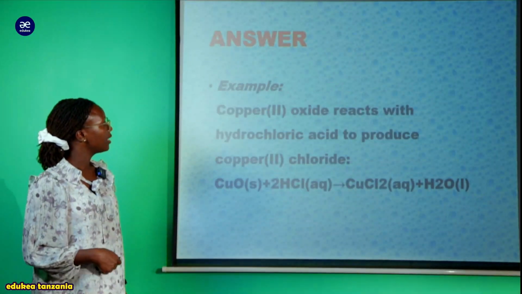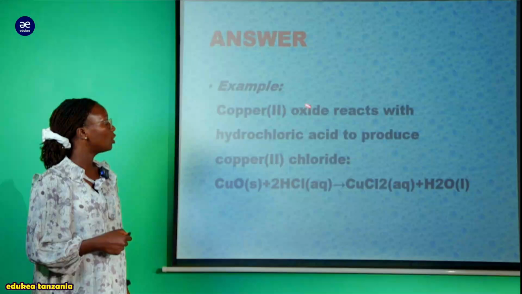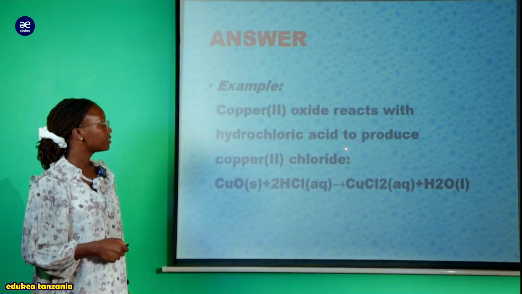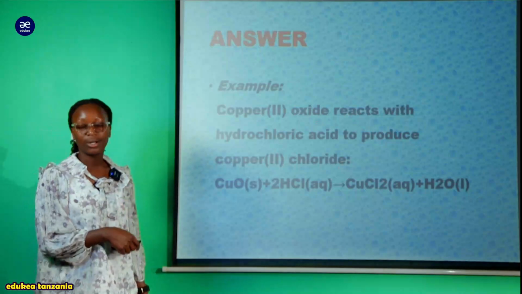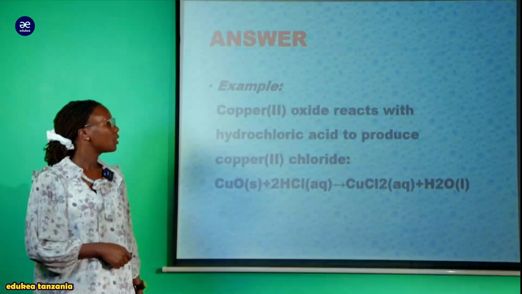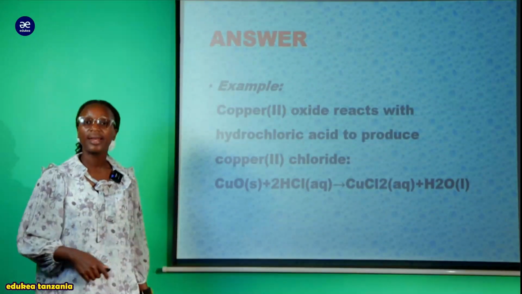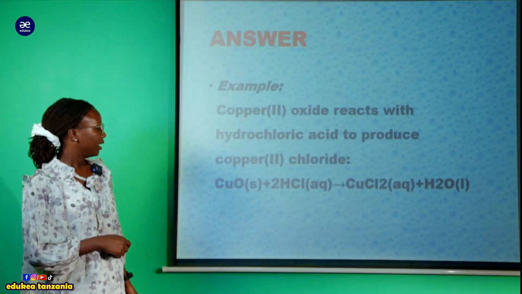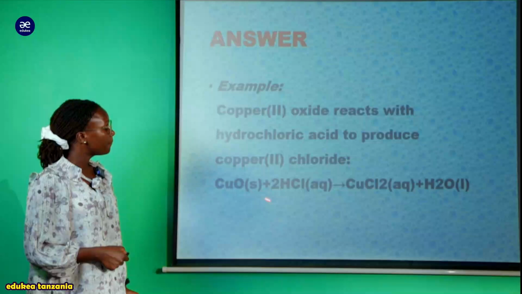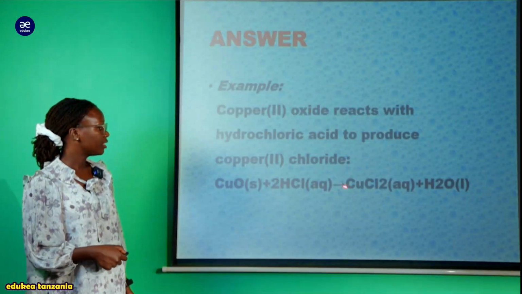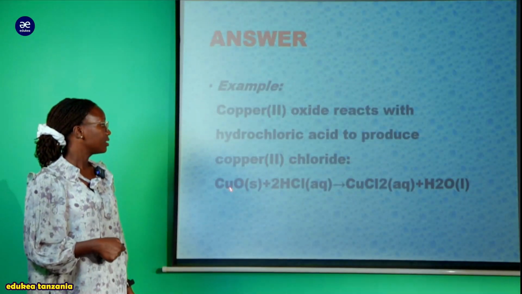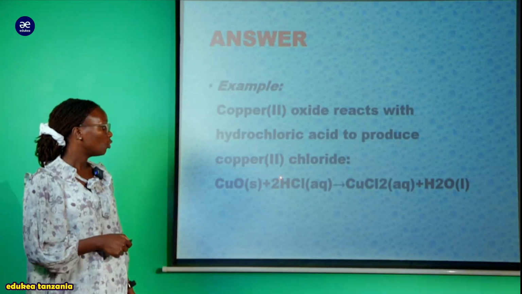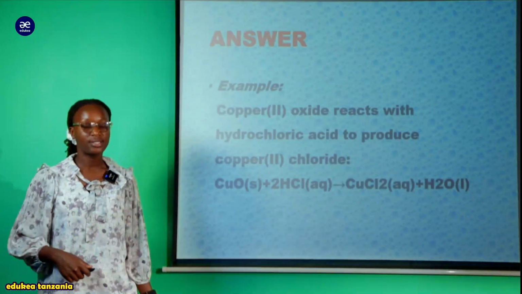So you can see here the good example is copper 2 oxide. Copper 2 oxide reacts with the hydrochloric acid to produce copper 2 chloride. So you see that we are able to prepare this chloride compound, we get copper 2 chloride. The simple chemical equation showing this preparation is: copper 2 oxide, the compound, plus 2 moles of aqueous HCl.